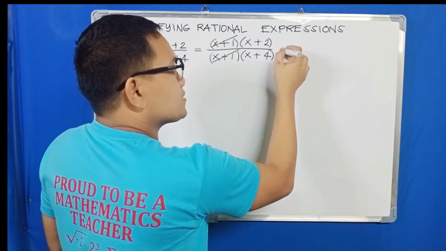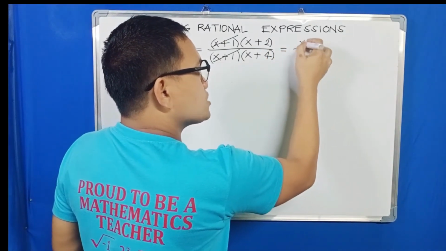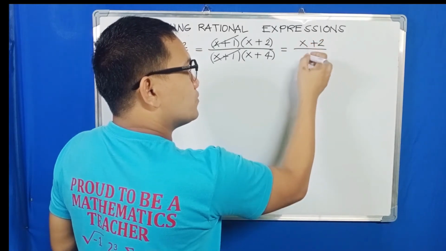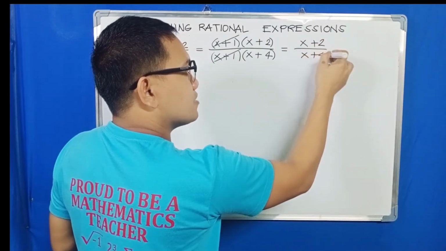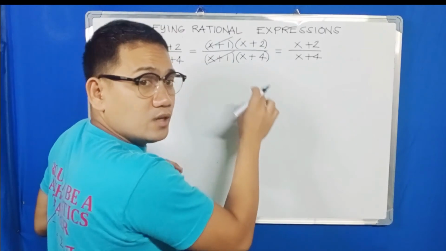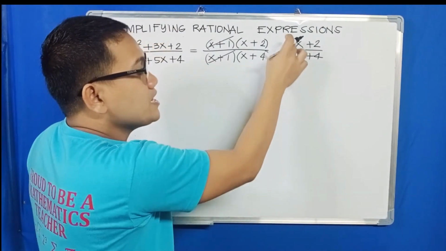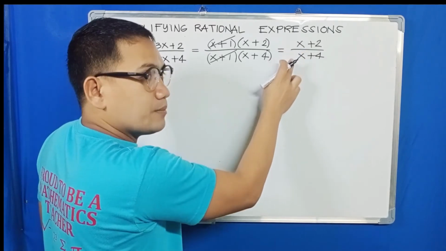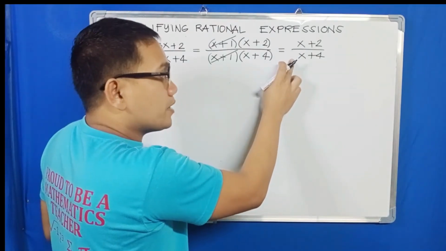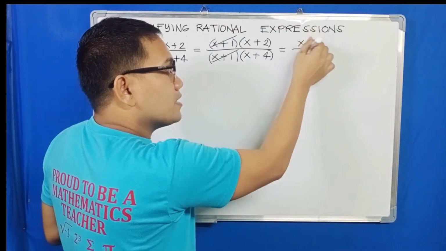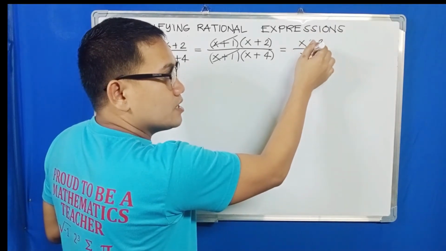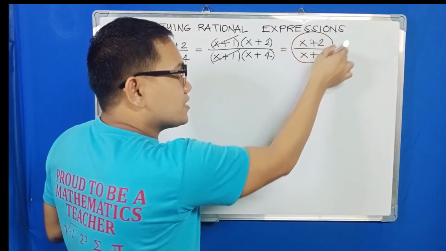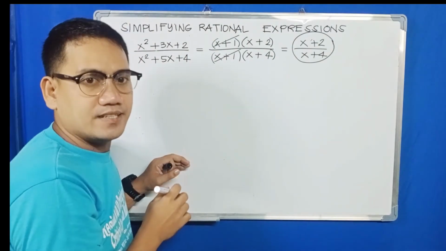And our simplified expression would be x plus 2 all over x plus 4. Again, we cannot eliminate x here even though they are both present in the numerator and in the denominator because our expression is separated by plus sign. So, this can be considered as our final answer.